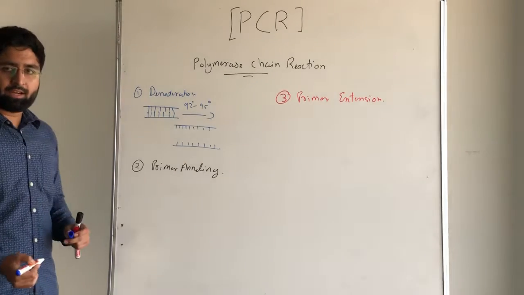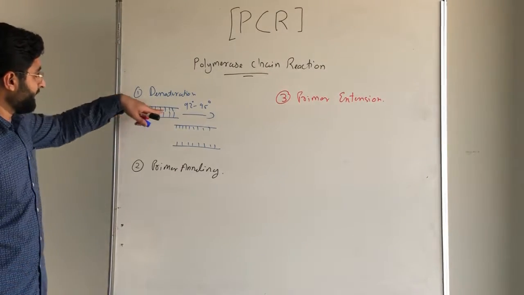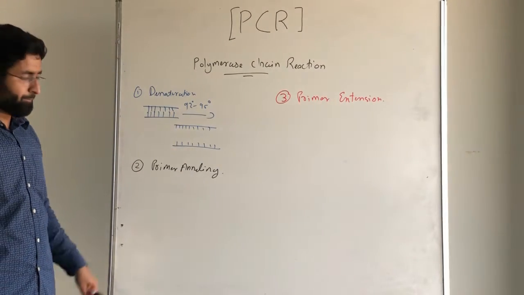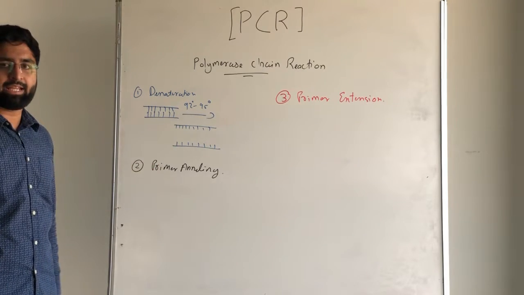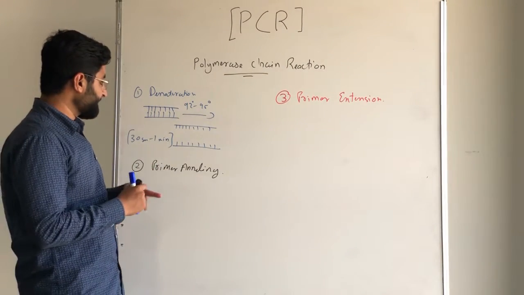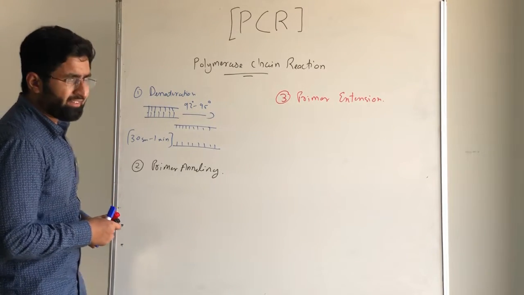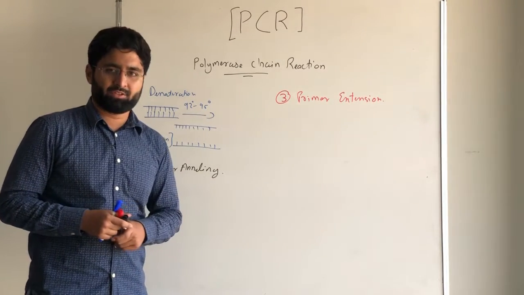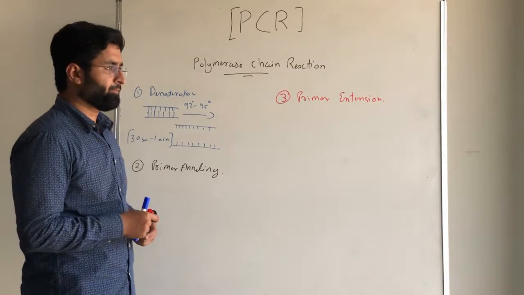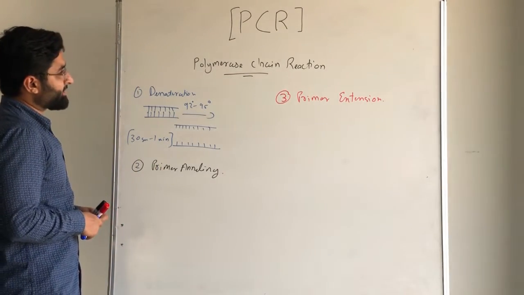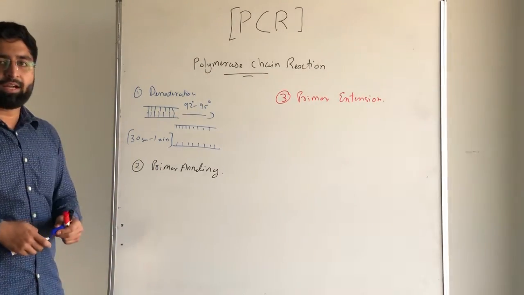So what happens in denaturation? We break the hydrogen bonds and we get two separate DNA strands. The time taken here is about 30 seconds to 1 minute, and it varies depending on the DNA we have taken. So the next step is primer annealing.